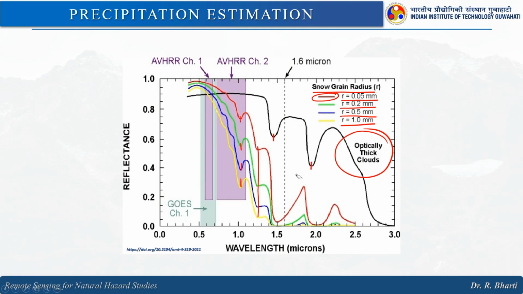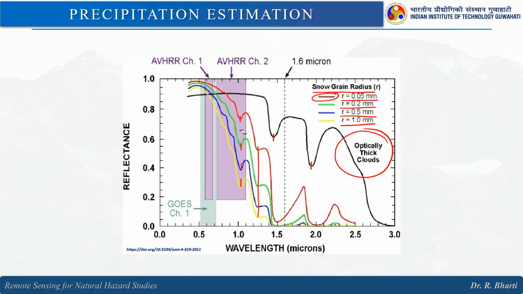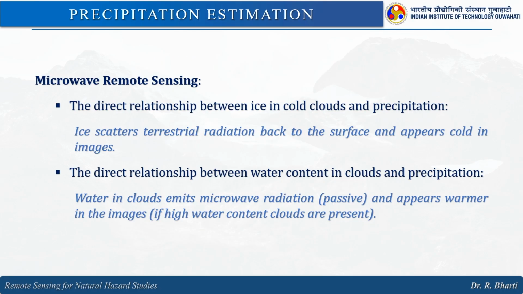So, this is how we can identify or separate these clouds from the snow in the high altitude areas. It is very easy when we have high spectral resolution data, and referring to the band ratio concept, based on that we have several indices, and similarly we also have some indices for water, right.